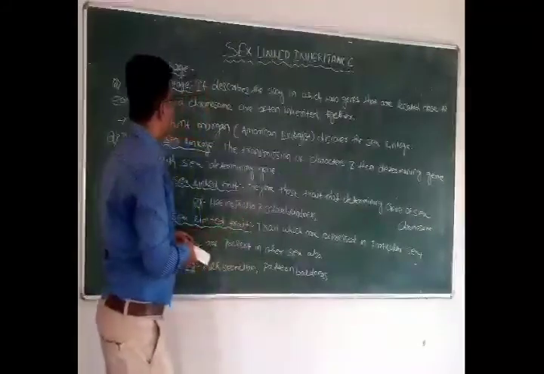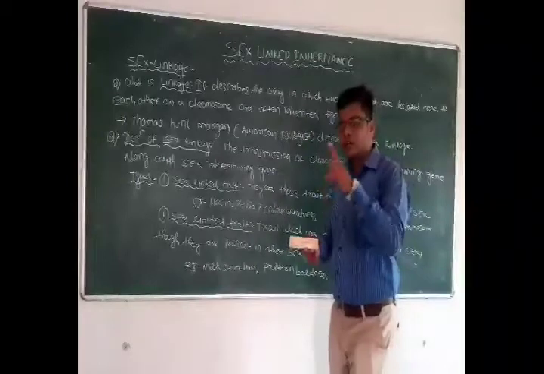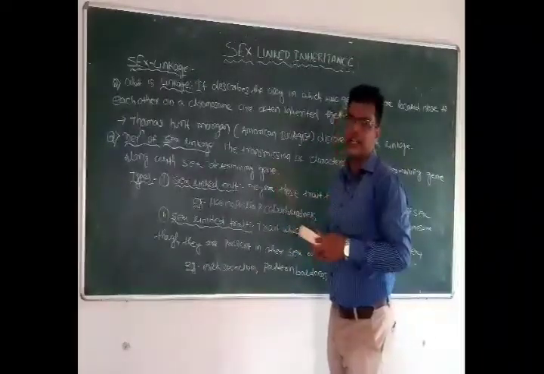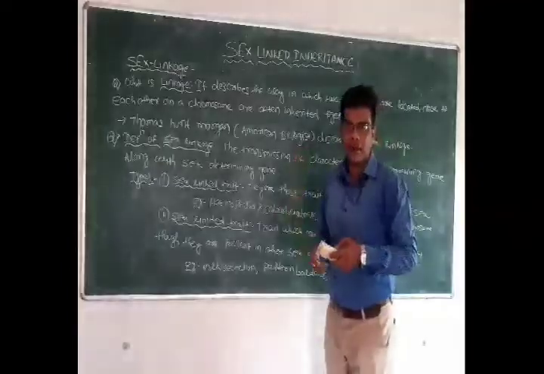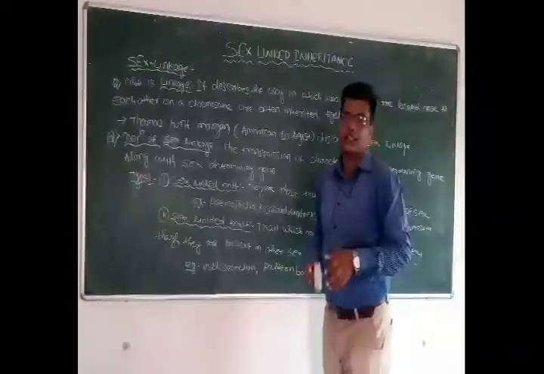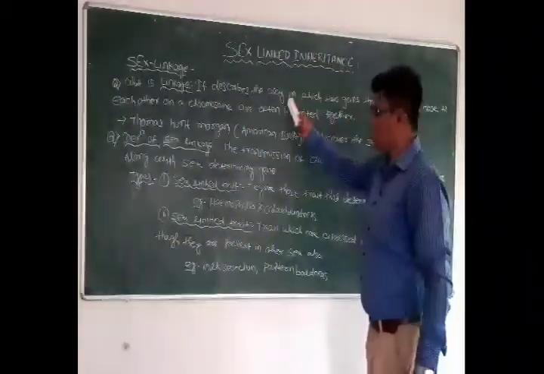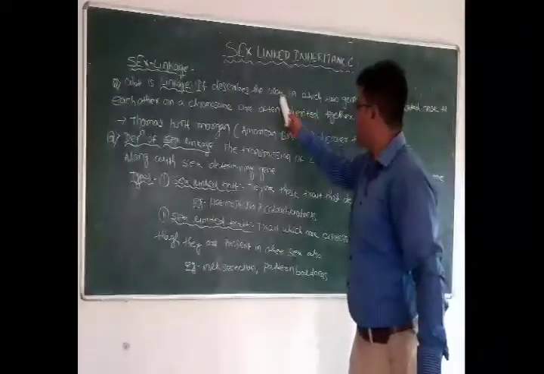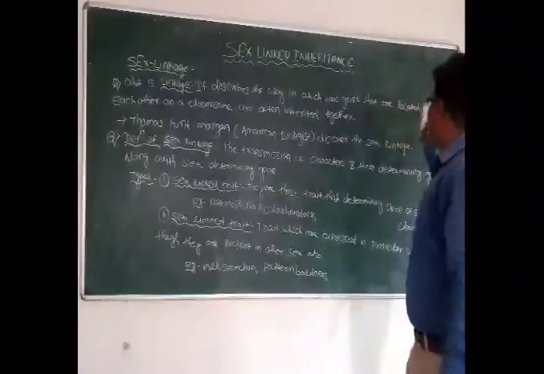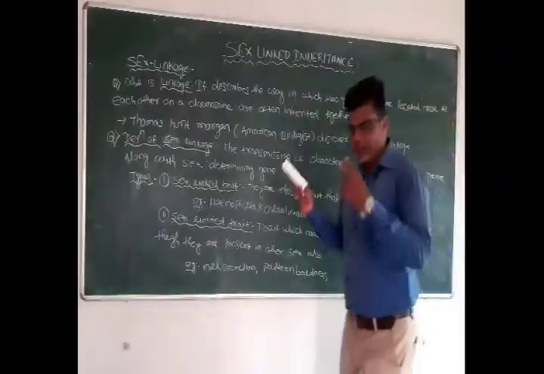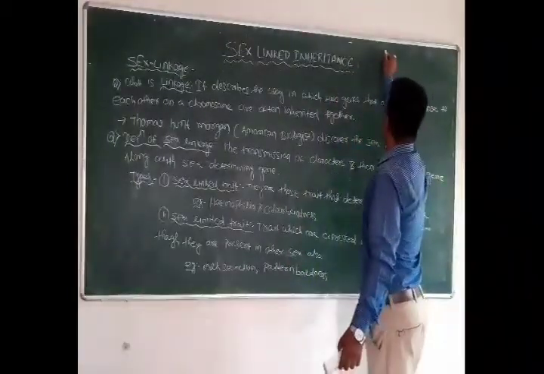If I explain it simply, in a chromosome, if two different genes are closely related or found at the same level of the chromosome, then it is called linkage. We can draw an example in a chromosome.